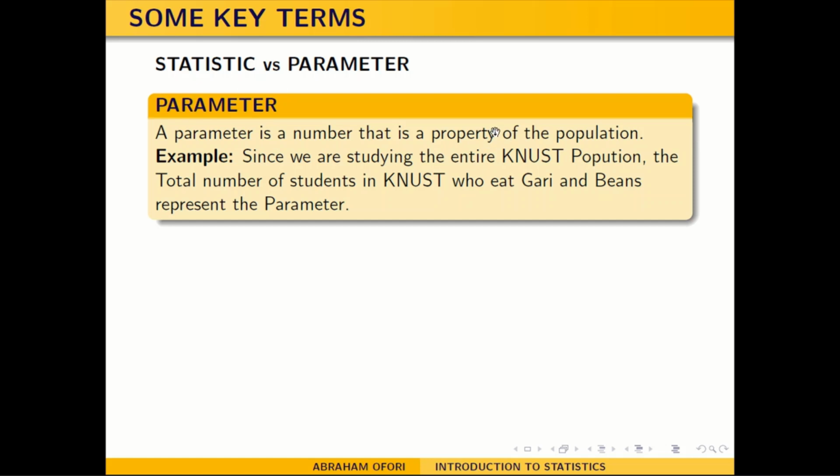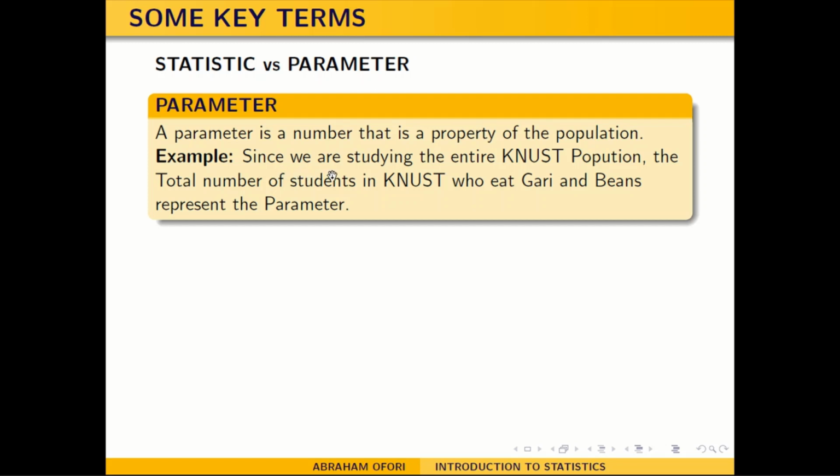So here, let's say I'm able to find all the number of students in Kenya University that eat gobe or gari and beans. Then it means that the number that I actually calculated is what? A parameter, because it is the number that represents a property. The property here is the number of people eating gobe, and the number that represents that in the whole population is what we call the parameter.